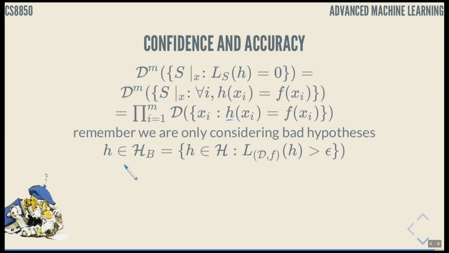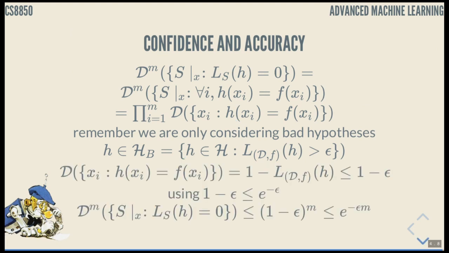But because H here is a bad hypothesis, again, a hypothesis such that the true loss is a failure, we know that the probability of a set on which this bad hypothesis returns a label that the true labeling function returns equals 1 minus the true loss on H.